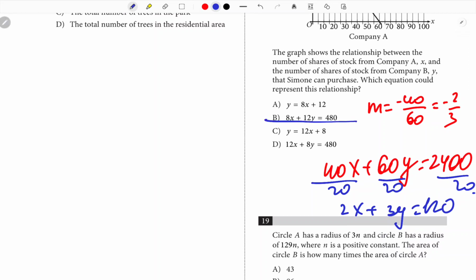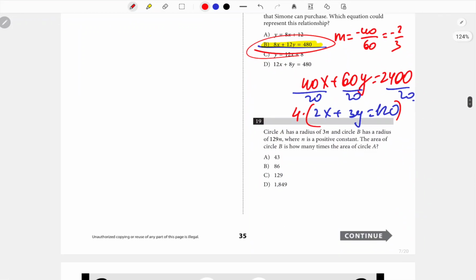So if I multiply every side by 4, 8x plus 12y and 408. So the answer is B. When I multiply by 4, I get this answer.